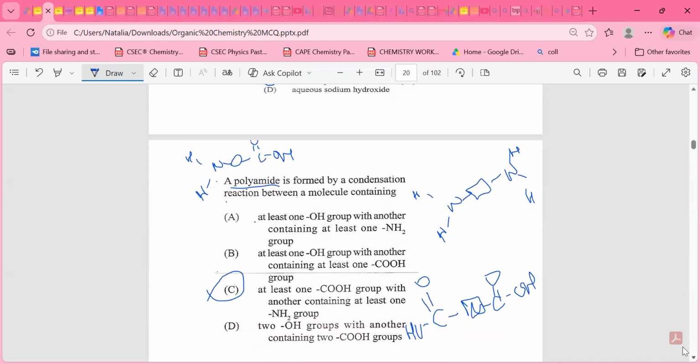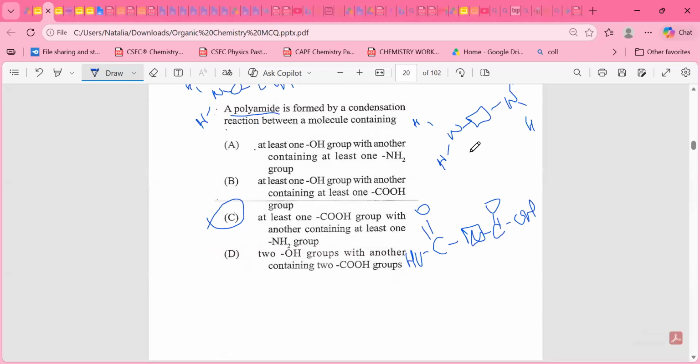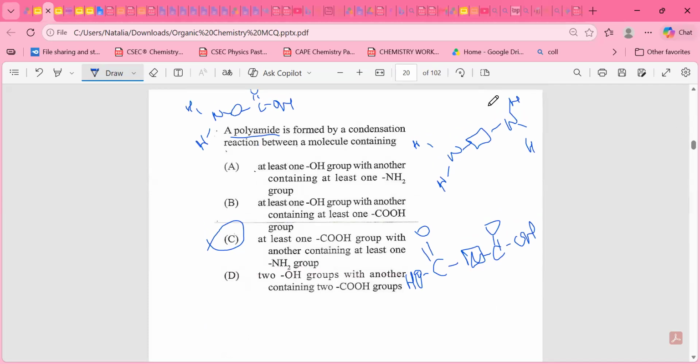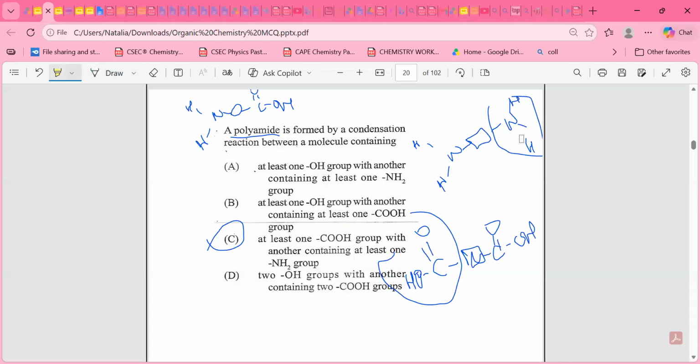So in the molecule, let's imagine that these things were side by side. Let's imagine that this N and this H right here, this one on the left, are side by side. To form the molecule, we're going to remove one H to form the water. To remove the water, we're going to remove this H and the OH.